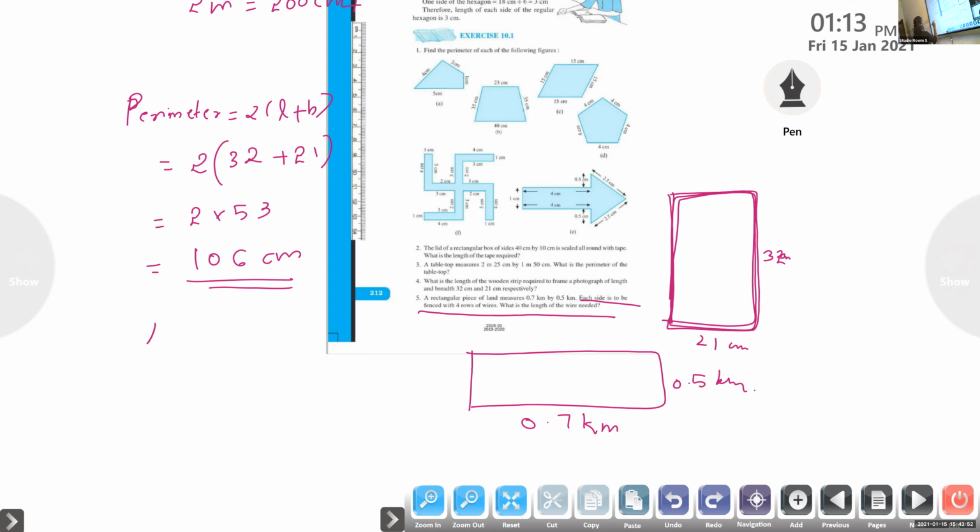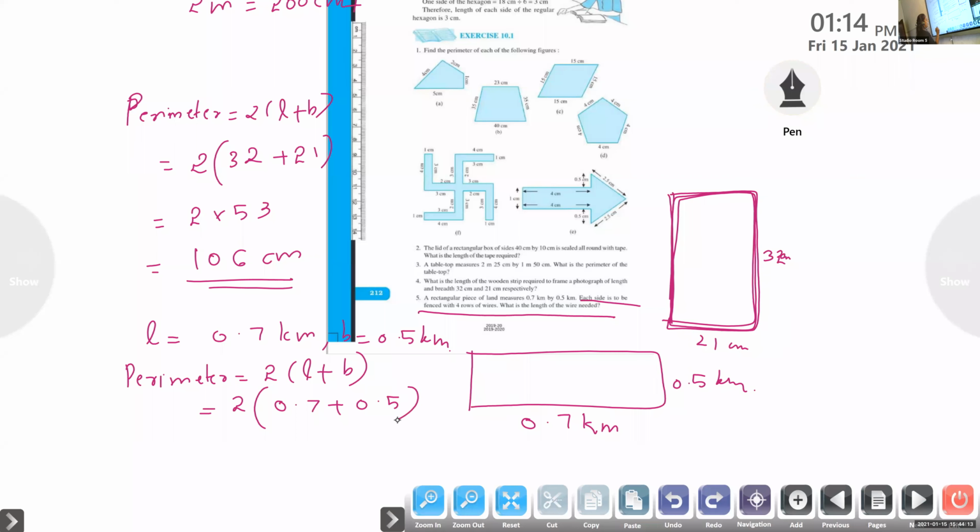Again, we have to find the perimeter. Length equals 0.7 kilometer and breadth equals 0.5 kilometer and perimeter equals, always you have to write the formula like this, repeatedly. So 2 into (0.7 plus 0.5) equals 2 into 1.2, that is equal to 2.4 kilometer.